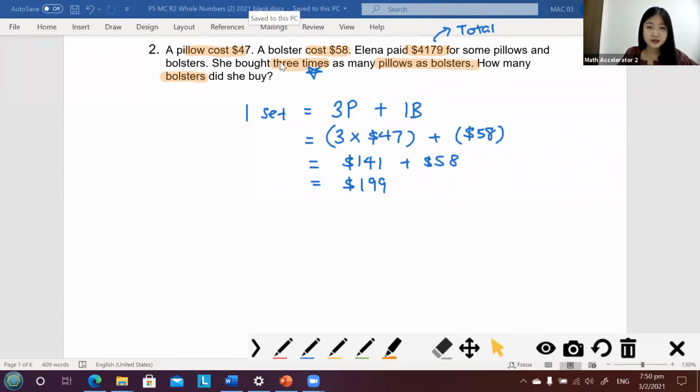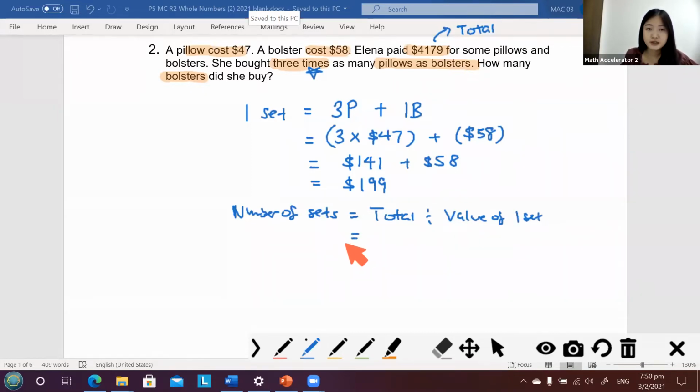So that's the value of the set. Our next step is to find the number of sets. Remember the formula: total divided by value of one set.